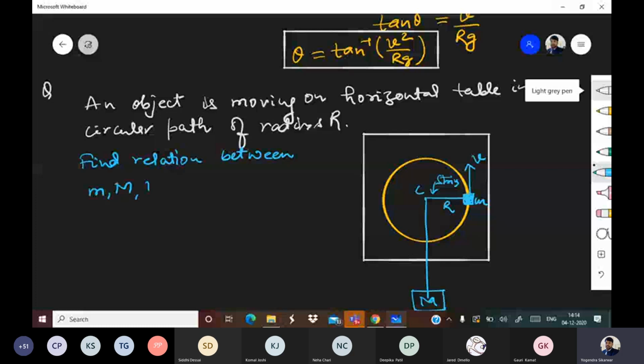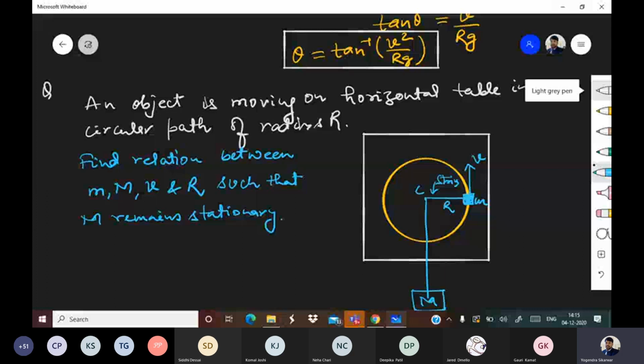So let me again explain the question. There is a horizontal table, and that table is smooth, shown by the rectangular table. On that table, there is a small mass m moving on a circular path of radius r, and the speed of the small m is v.